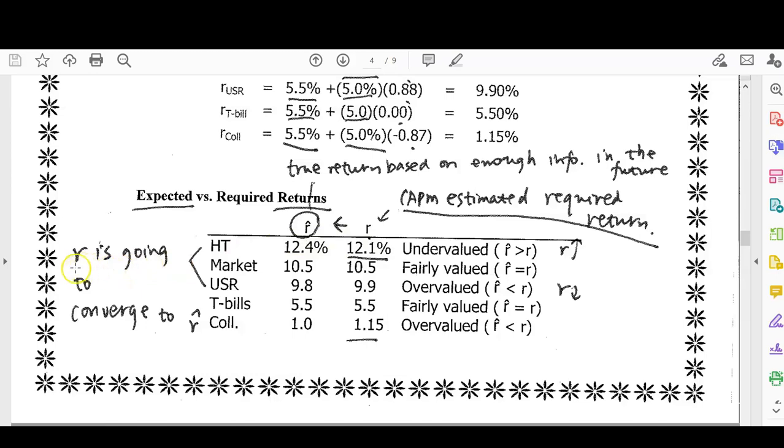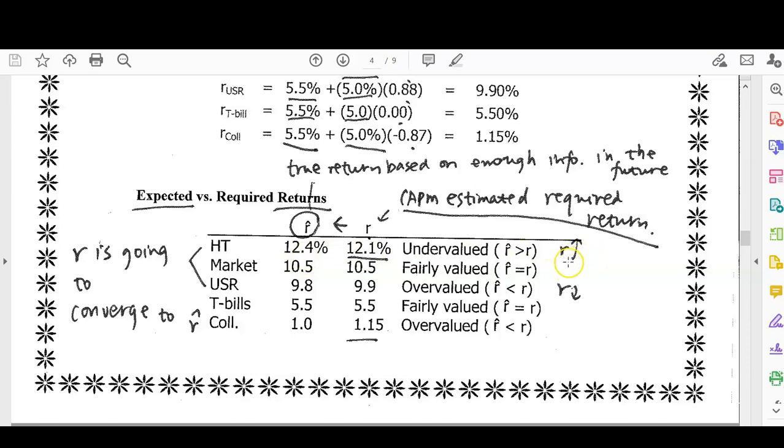We say Ri, the estimated return from the model, is going to converge to R hat, the true return. That's why when Ri is lower than R hat, in the case for high tech, we say high tech is undervalued, because we think the estimated return Ri is going to converge to the true return R hat.